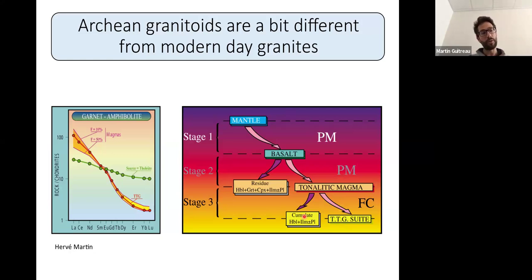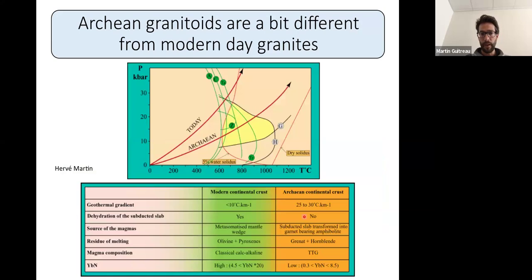And this actually is a very important question to answer, since it can help solve the problem of the geodynamic regime that was ongoing back then. So if we summarize the difference between modern and Archean crust, it's essentially a matter of the type of source that melts rather than the geodynamic context, although they can be different.